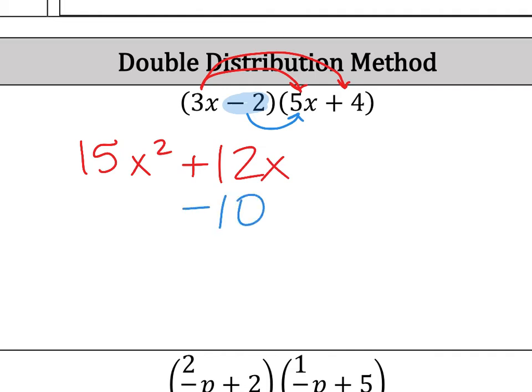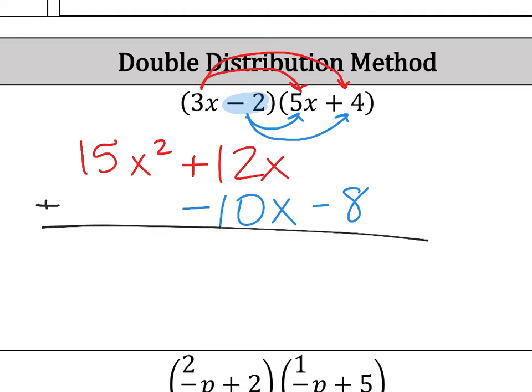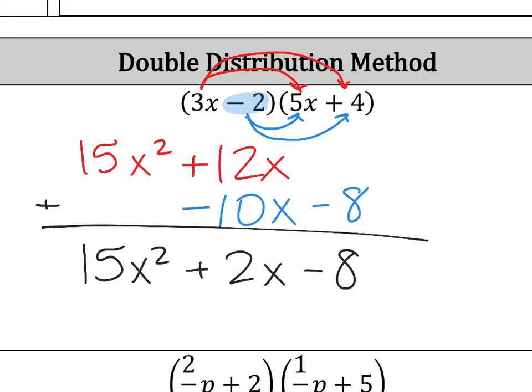But I'm going to line it up with its like term, because we just learned how to add polynomials, and when we combine like terms, we're going to need to have them all lined up. So negative 2 times 4, when I go back to distribute one more time, that's negative 8. And look, it's now just an adding problem. We just did a million of these. That was an exaggeration. We did like 10. Then we'd get 15x squared, positive 2x, and a negative 8.